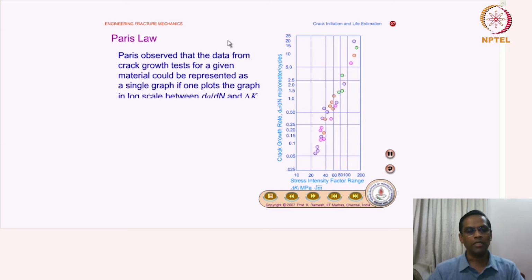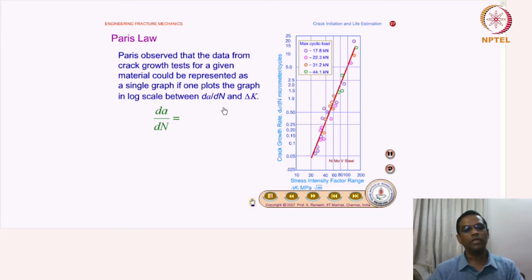So what Paris has done: Paris observed that the data from the crack growth test for a given material could be represented as a single graph if one plots in log scale between dA by dN versus delta K. So what you see here in this plot is crack growth rate dA by dN, in micrometer per cycle, versus the stress intensity factor range delta K, in MPa square root meter.